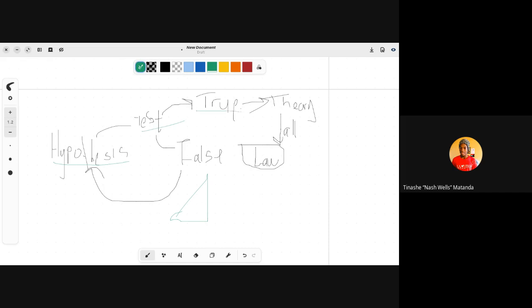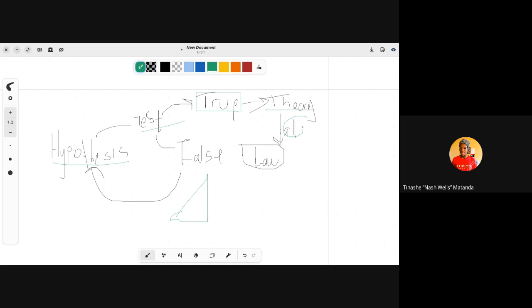As it came out as true, he tried to test it for all the other types of triangles, like the equilateral triangle and the isosceles triangles and the other triangles. But then he realized that it's not true for the other triangles. And this is why we do not call it the law of Pythagoras, but rather the theory of Pythagoras, because it is not true for all.